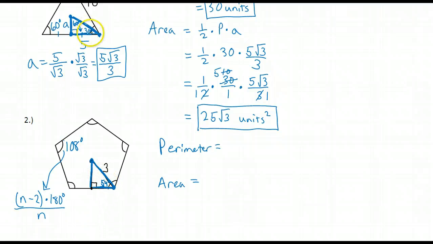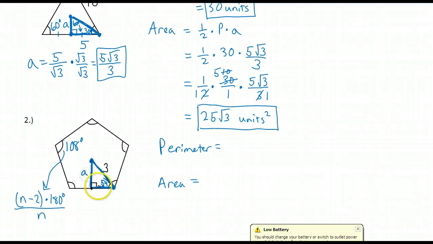In the first example, I ended up with a 30, 60, 90 triangle, so I could use the formulas, the patterns, for a special right triangle. In this example, I don't have a 30, 60, 90 triangle or a 45, 45, 90 triangle, so I'm going to have to figure out these lengths using trig. So I need to figure out my apothem and this side.